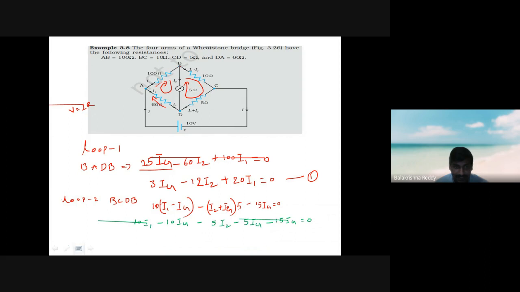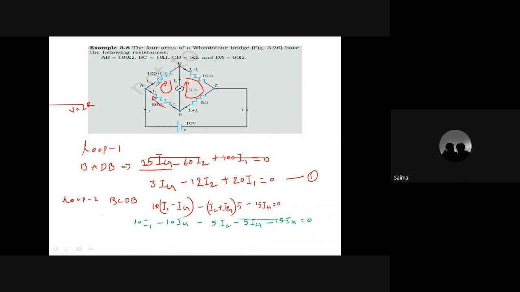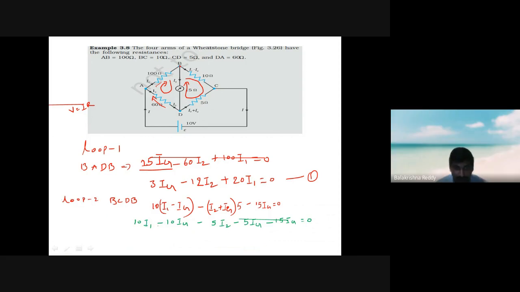This is 10 I1, right? Since it is 10 I1, is any other I1 component there? No. So since we don't have another component, I can write 10 I1 as it is. Then I have the next Ig.